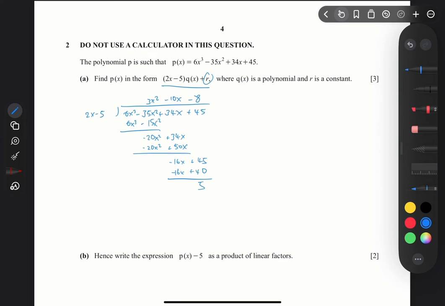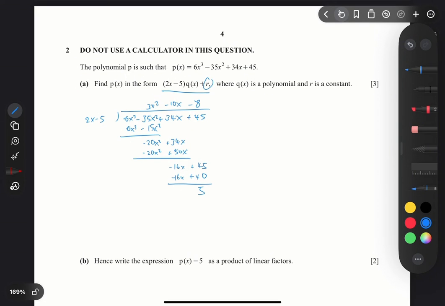Okay, so after I've divided everything, the remainder is 5. And the question wants you to find p(x) in the form. So q(x) is the part on top. q(x) is 3x squared minus 10x minus 8.